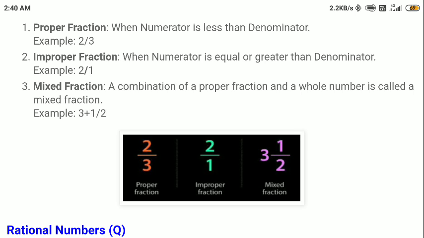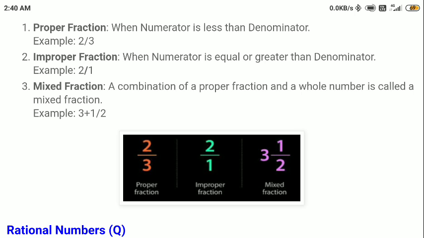Still, to represent that number, in mathematics we talk about numbers only, so at least we can represent that. So we will say that 6 out of 5 can be written as 6 by 5, where the numerator is 6 and the denominator is 5, and the numerator is greater than the denominator. This type of fraction, which is not proper, we call an improper fraction.